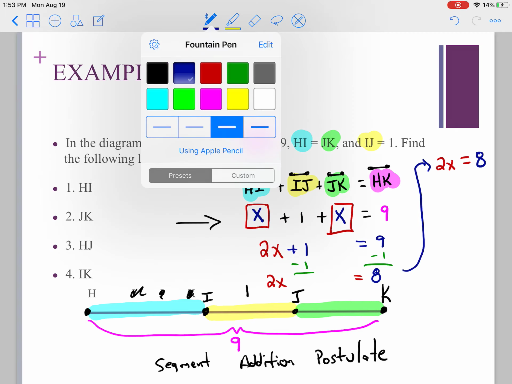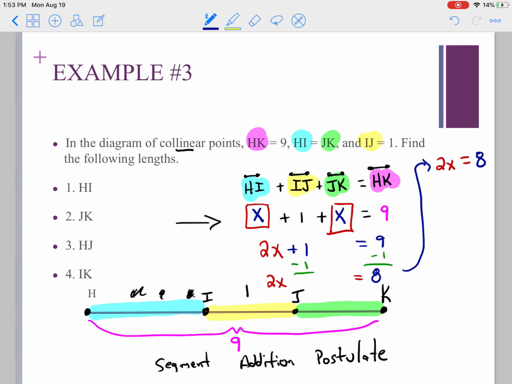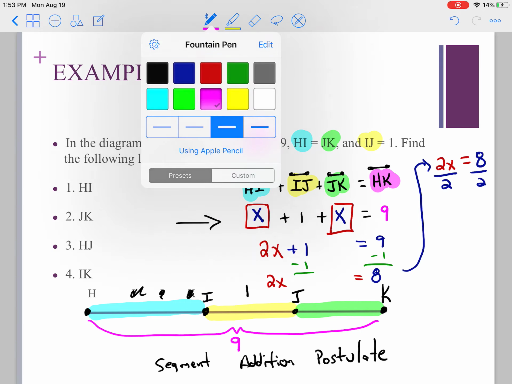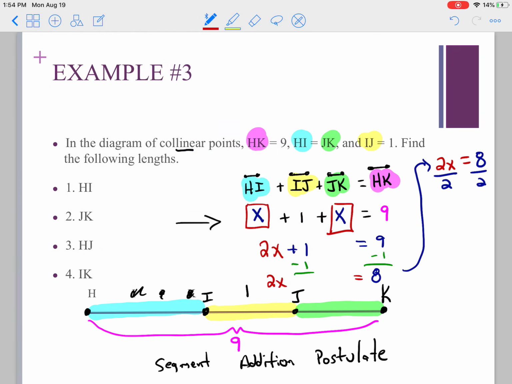Now this is an implied multiplication, and the inverse operation is a division. So I'm going to divide by 2. And so my x is now equal to 4. Now that I've solved for x, I can find the following values.